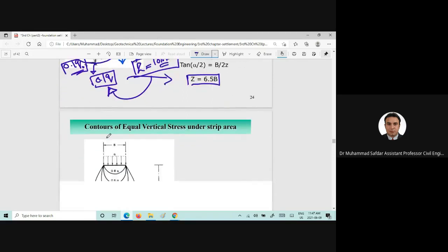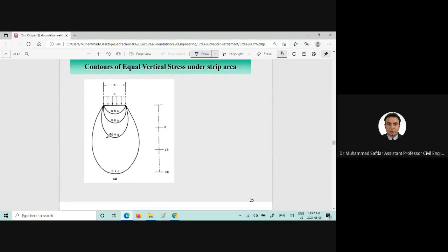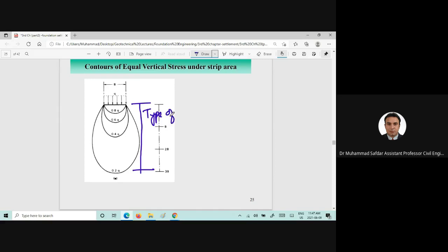It is important to know at least the soil information at this particular depth, like what type of soil is there at this particular depth.